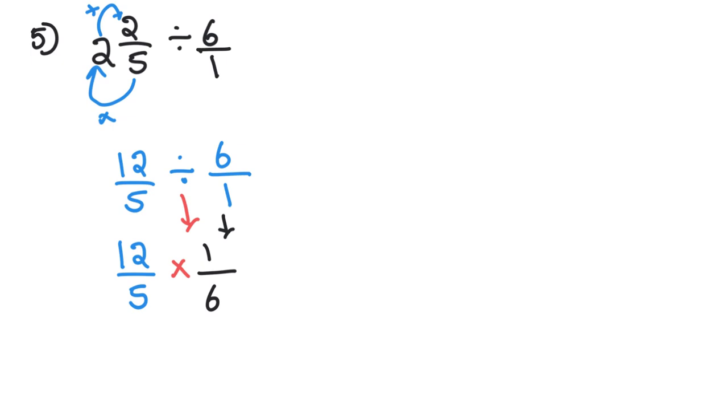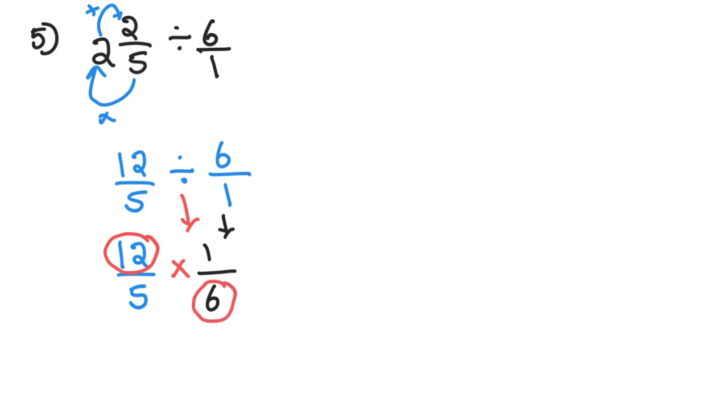Now, in the previous problem, we learned how to multiply two fractions, right? We simply multiply the numerators by multiplying the denominators. But wait a minute. Before you even multiply the numerators and the denominators, look at this. 12 and 6.